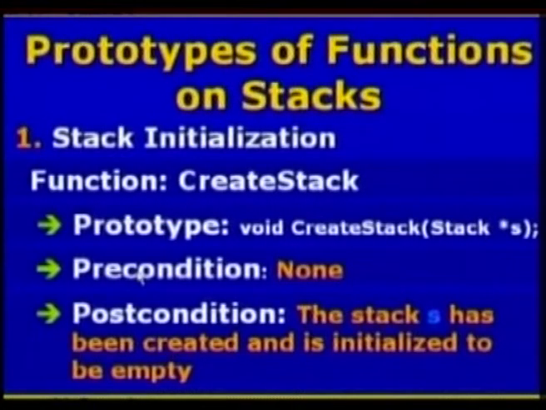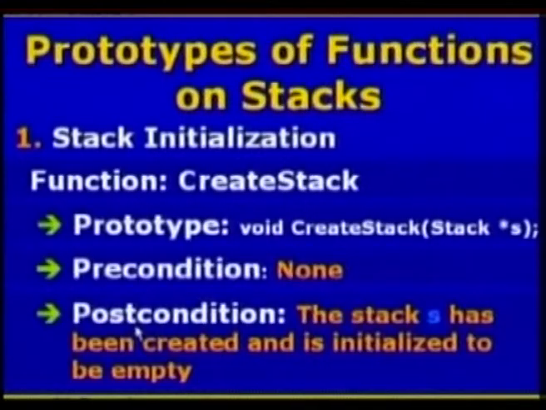So the preconditions for this, the inputs basically, and the assumptions before I get to this function, are basically nothing. You don't have anything. And after you go through this function, you're going to have as a postcondition, that's the outcome of this function, that the stack has been created and initialized to be empty.